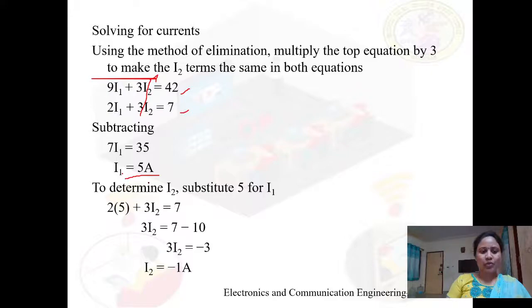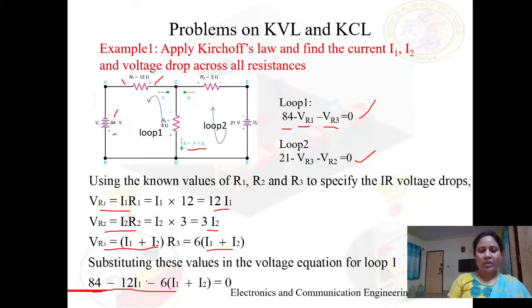And on substituting the value of I1 in any one of these two equations, we will get I2 as minus 1 amps. Here, no need to bother about the negative sign for I2. It indicates that whatever direction we have assumed for I2 is in the opposite direction.